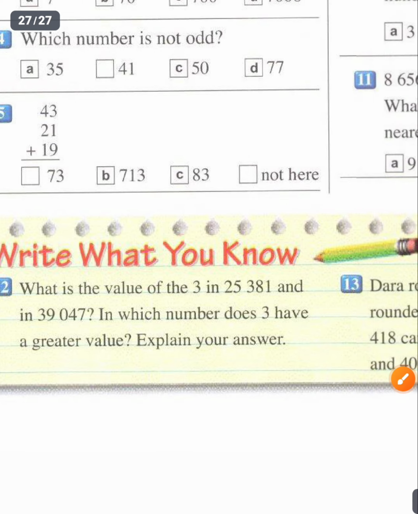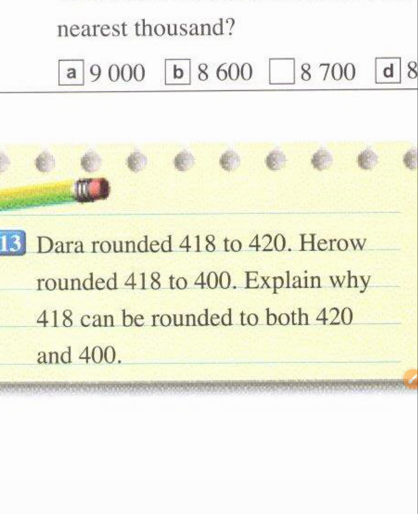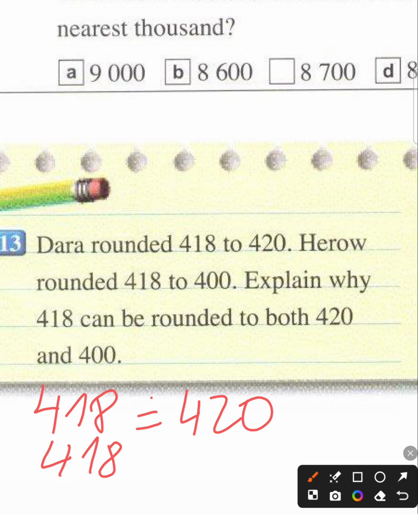Good. Another question. Dara rounded 418 to 420. Hero rounded 418 to 400. Explain why 418 can be rounded to both 420 and 400. It means Dara says, I will round 418 to 420, but Hero says we can round it to 400.